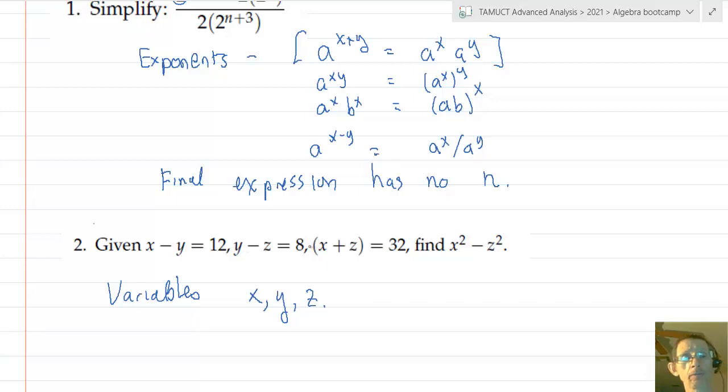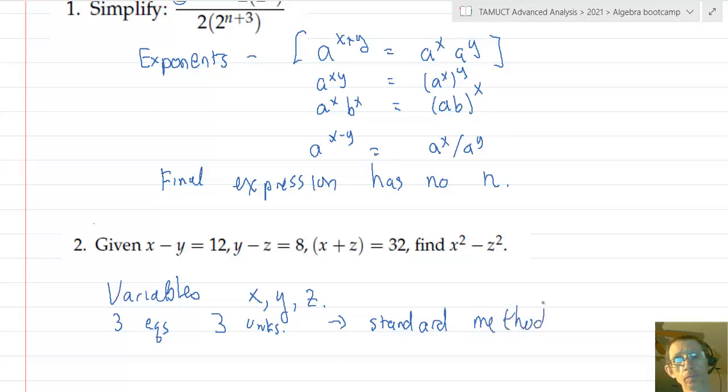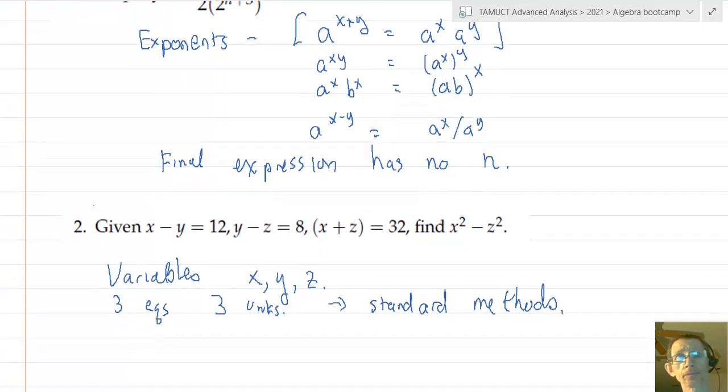So we actually have three equations and three unknowns. You have seen in previous courses methods for doing this. There are some standard methods. However, let's see if we can do things a little bit nicer here.